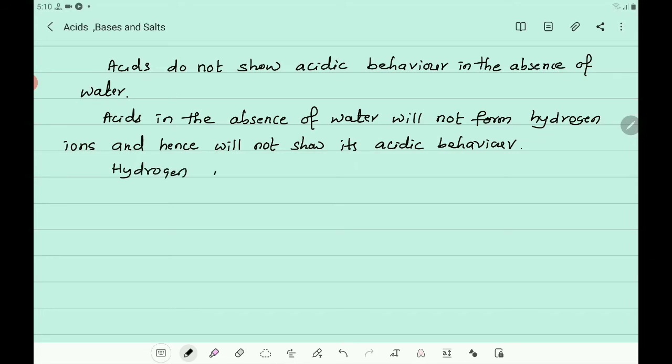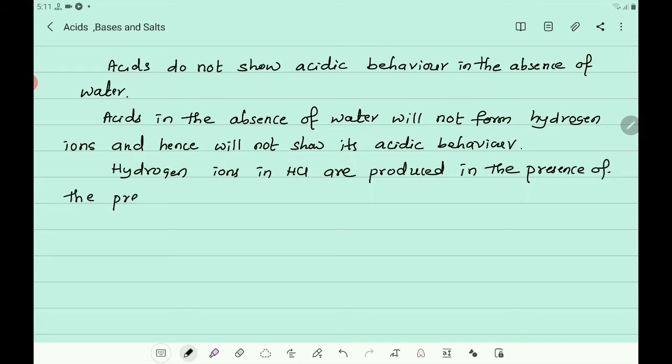Hydrogen ions in HCl are produced in the presence of water.